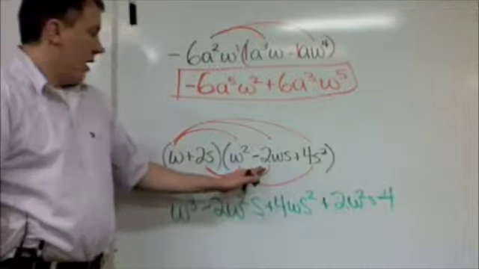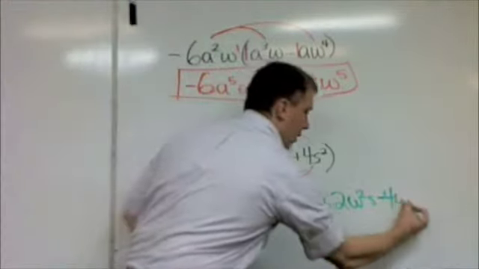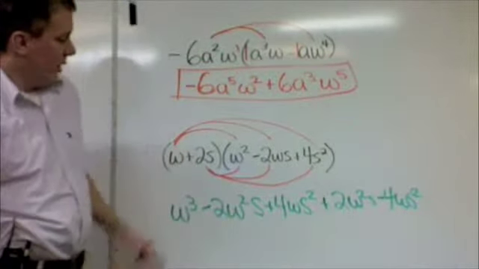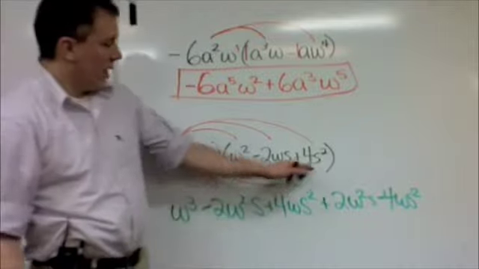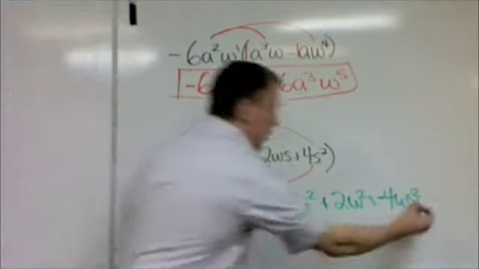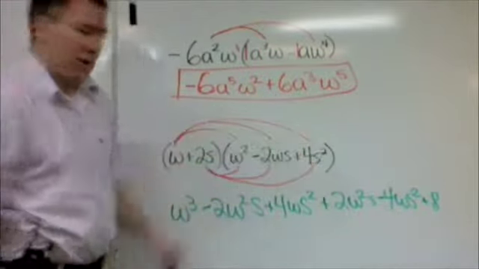And S times S is S squared, and the W is still a W. 2S times 4S squared, well 2 times 4 is 8, +8, and S times S squared is S cubed.